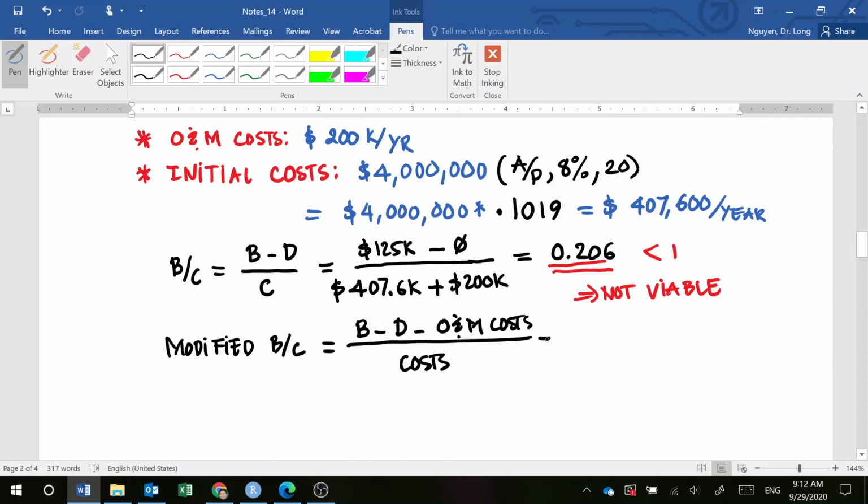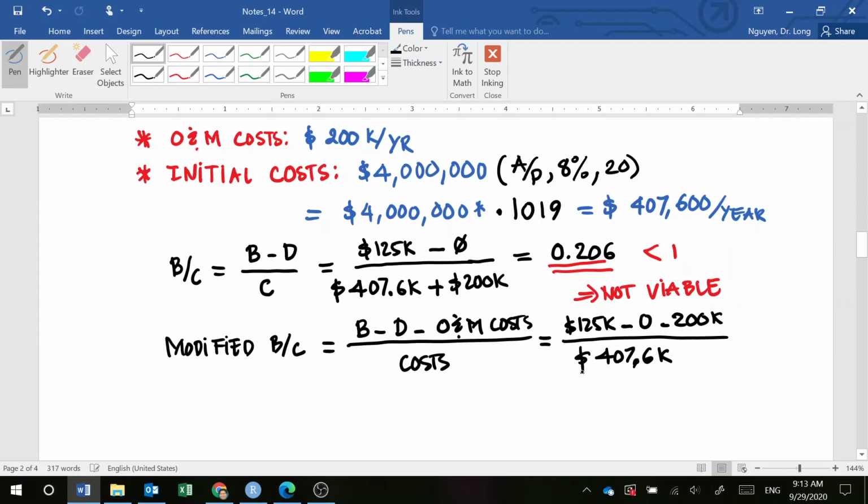So we can plug in 125,000, disbenefits 0, and O&M cost of 200,000 per year, divided by the cost. In this case only the initial cost, because we already counted the O&M cost in the numerator, so the denominator is only the leftover, 407.6k.